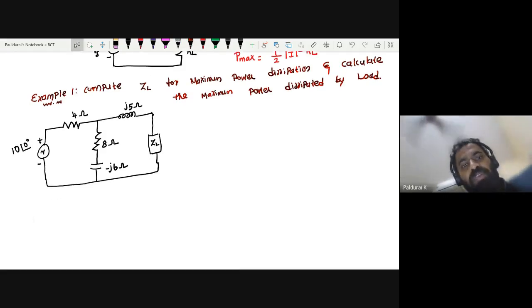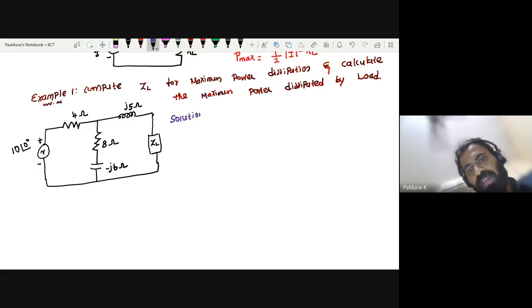Take the problem. You want to calculate ZL and you want to calculate P max. You know the formula for both things. Be ready with your calculator. You are going to play with your calculator. In case of any doubt, then I will help.